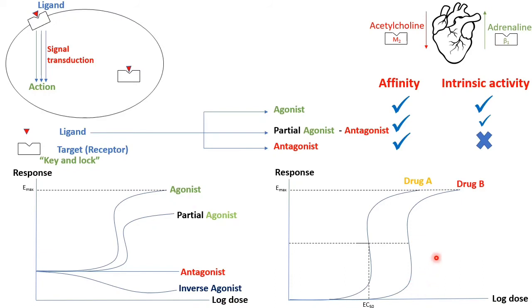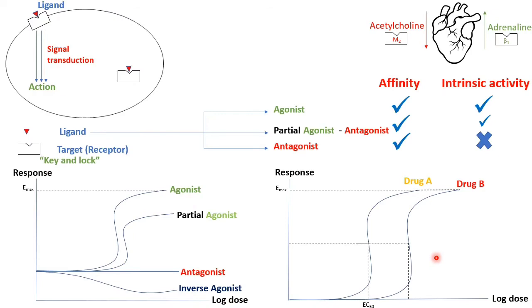We needed a larger dose from drug B to get the same response we get from drug A. Drug B has larger EC50 than drug A.